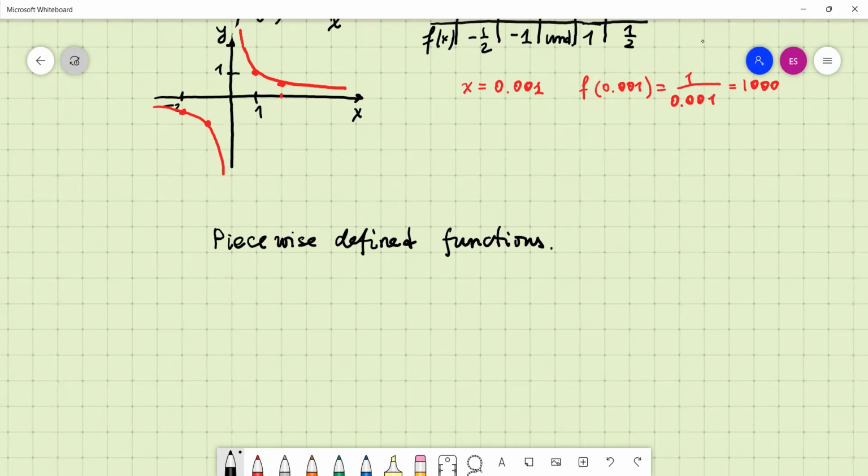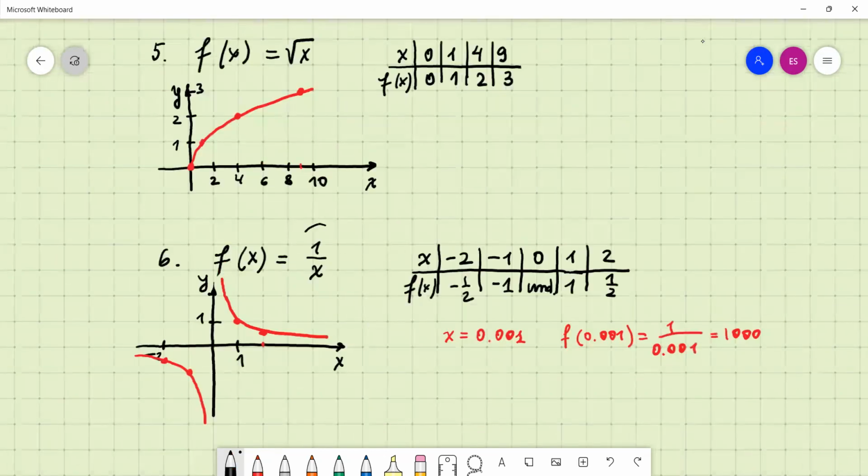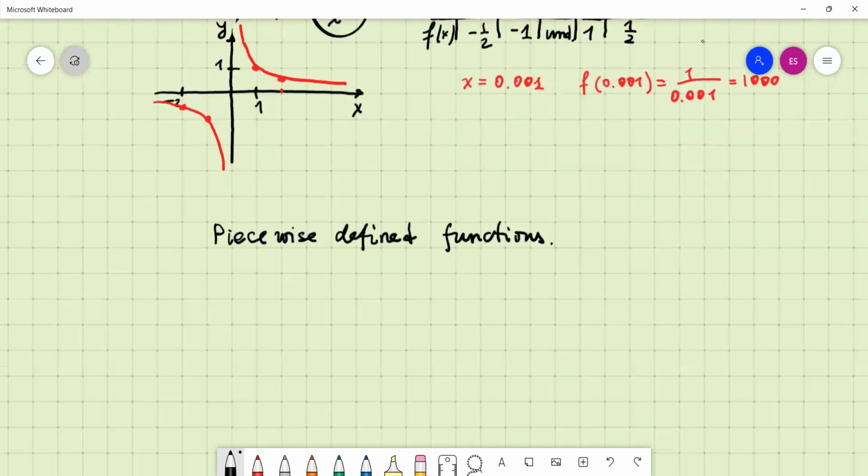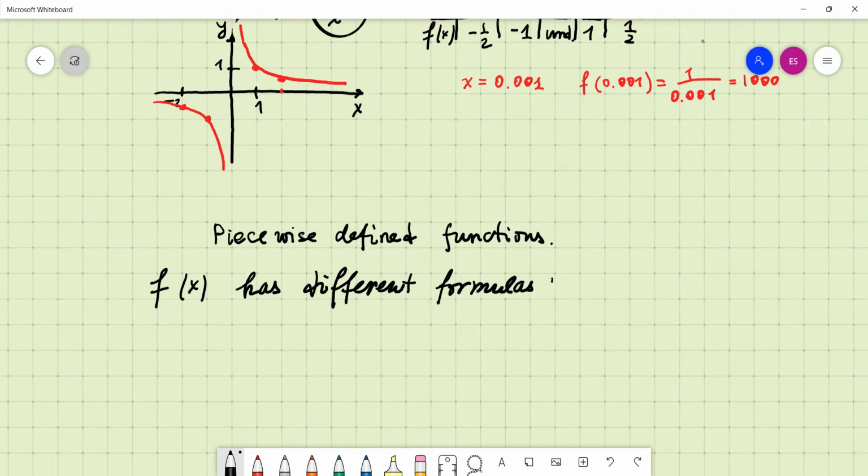Sometimes function f has different formulas. Remember, what are formulas? Formulas is something like this or something like this. Sometimes f of x has different formulas on different intervals. That happens sometimes. I'll give you an example. I'm going to write down: f of x has different formulas on different intervals.